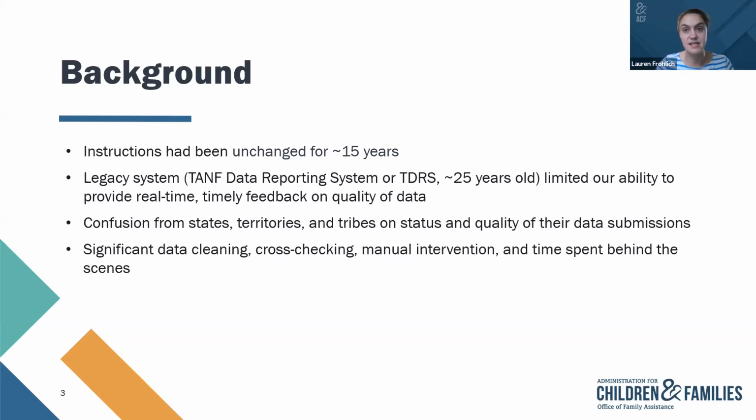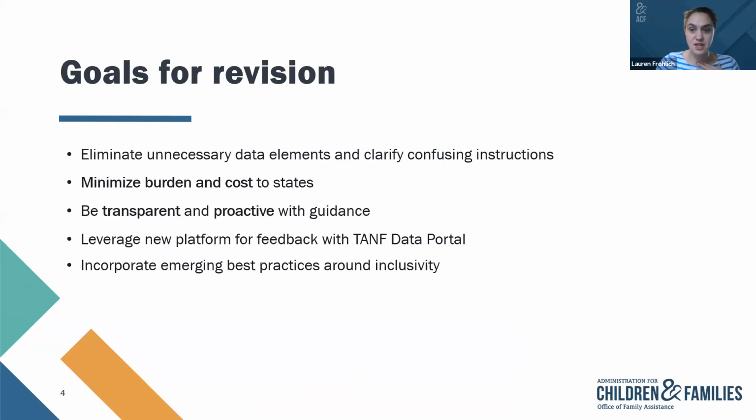And so behind the scenes, the OFA and the TANF data division have had to do significant data cleaning, cross-checking, manual intervention, and spend a lot of time to really make the data serve the purpose that it needs to serve, which has several purposes, including the calculation of the work participation rate. So all of these factors motivated a more in-depth revision than had been done in a long time.